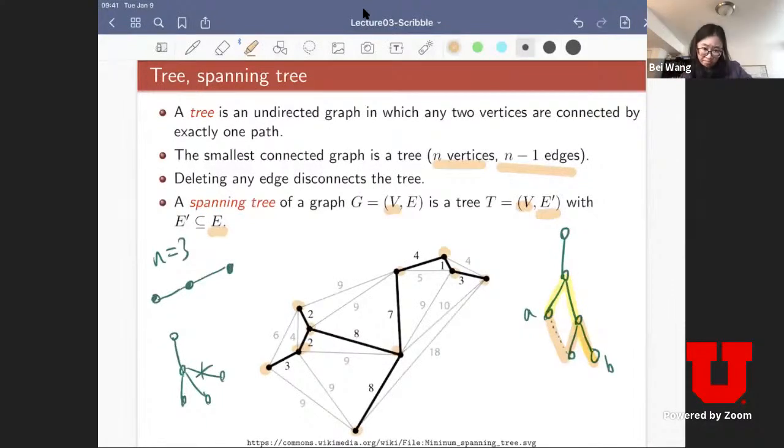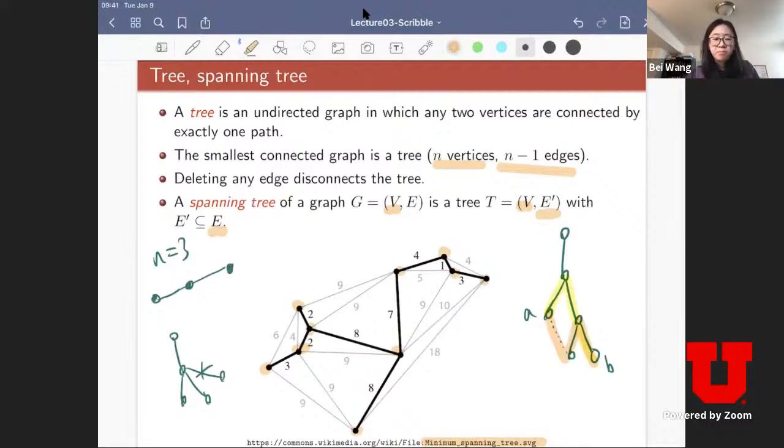But one very important concept is called the minimum spanning tree, for the case where I have weights over my edges. So for example, in here, all the edges in my graph have an integer weight. Then the minimum spanning tree is a tree whose sum of the weights along the edges in the tree is minimal.